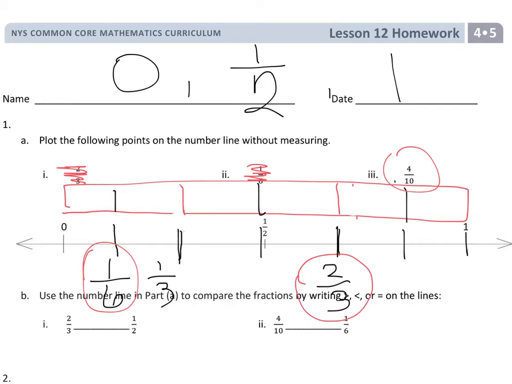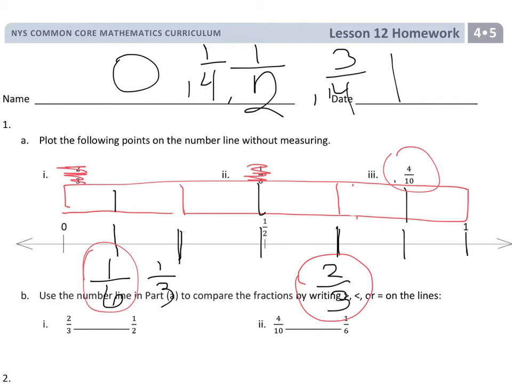Now, some of you probably know a fourth really well, and you probably know 3/4 really well. But I really want you to focus on the half. You guys know halves really well. You know that if the top number, 1, is half the bottom number, 2, then you've created a half.